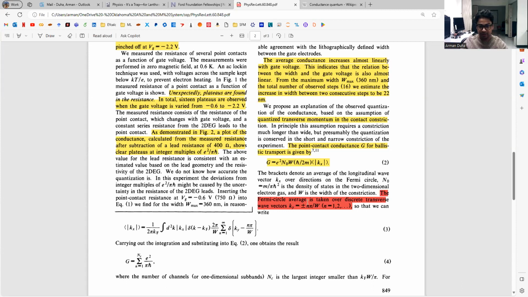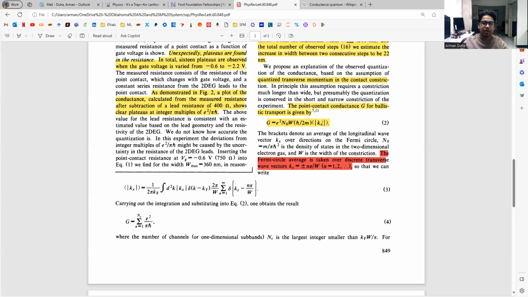So if you take this Fermi circle average, and assume that the transverse momentum is quantized, another way of saying it is that there will be discrete transverse wave vectors like this, ky equal to plus minus n pi over w. Then you can write this average value as this expression in equation 3.